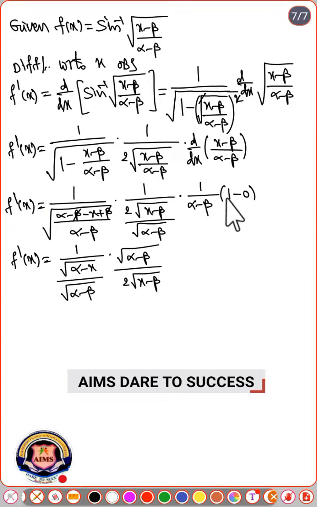So 1 minus 0 is 1, 1 into 1 by alpha minus beta is 1 by alpha minus beta.